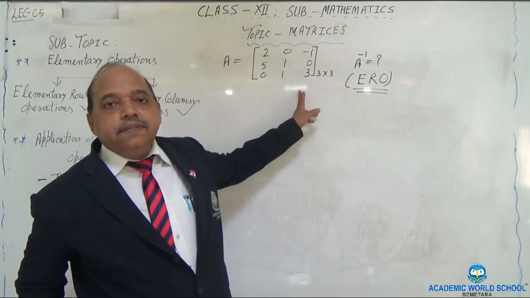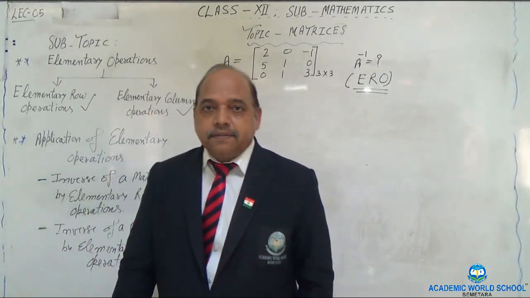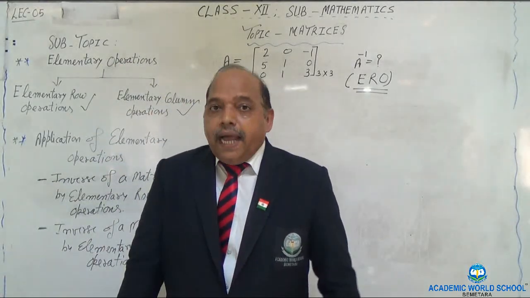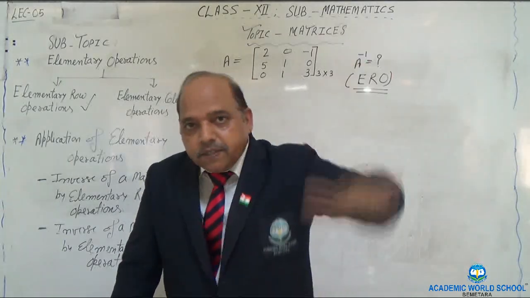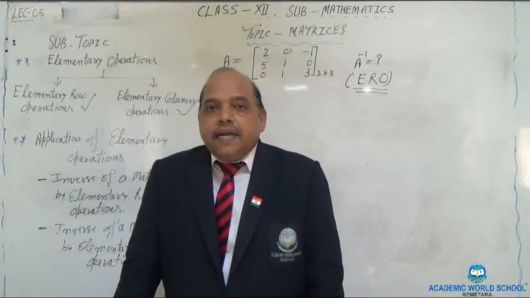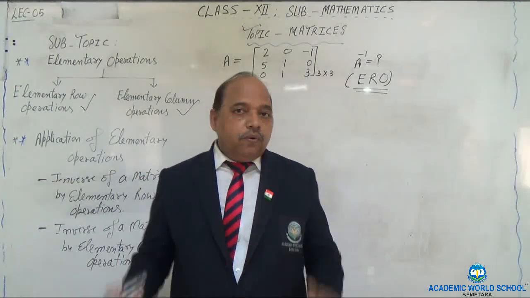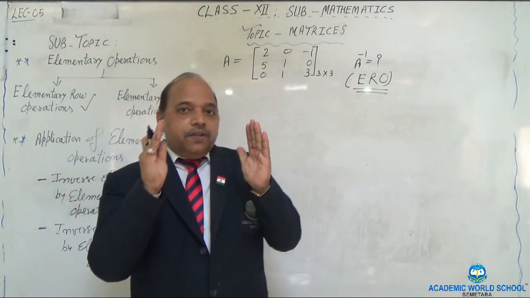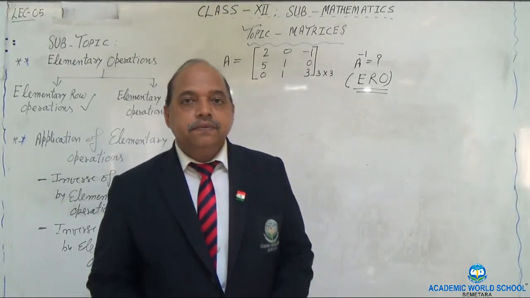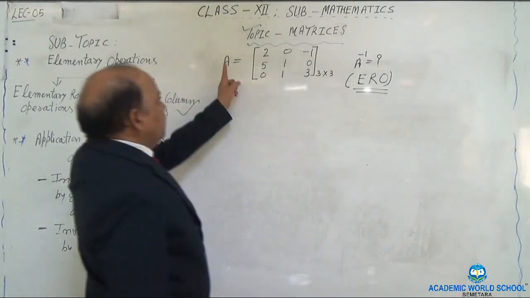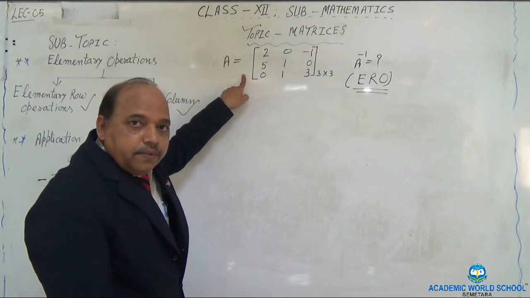These kinds of questions come for 6 marks. As the order increases, obviously the number of steps will increase, and that is how it becomes important to keep your destination in mind, what it is that you want to achieve. So what I said, you have to find the inverse of this A.